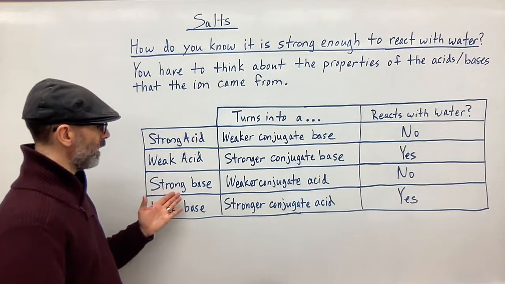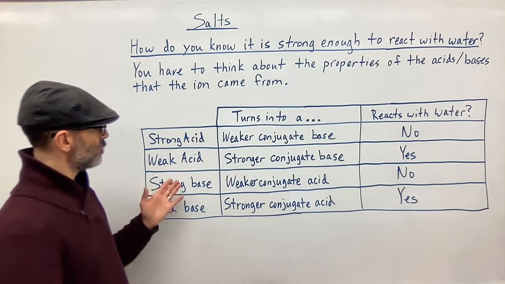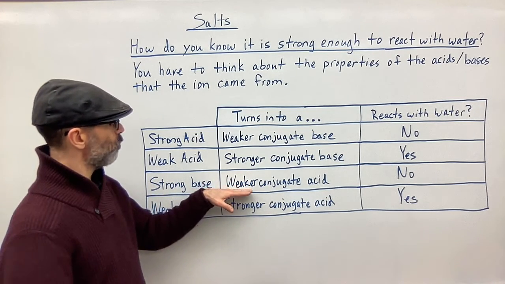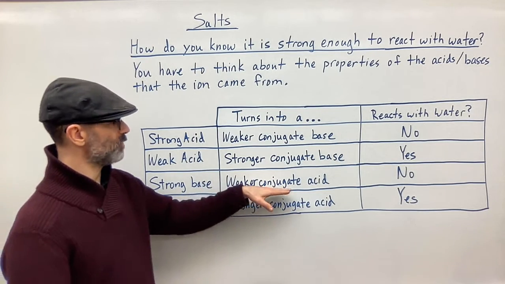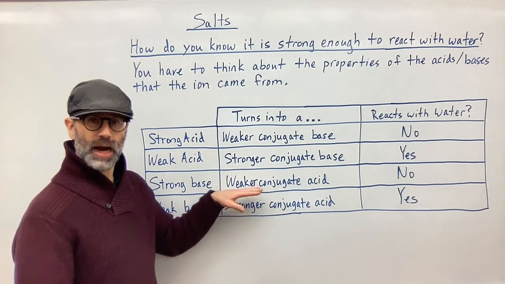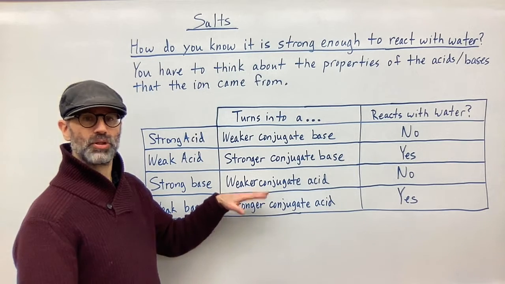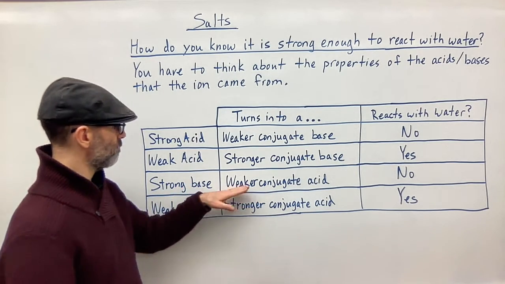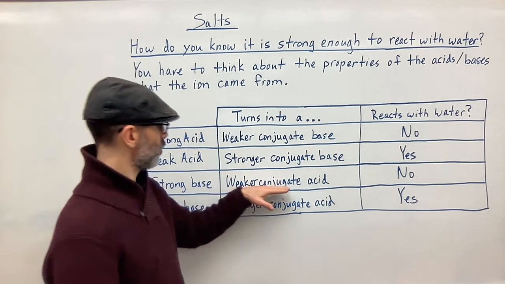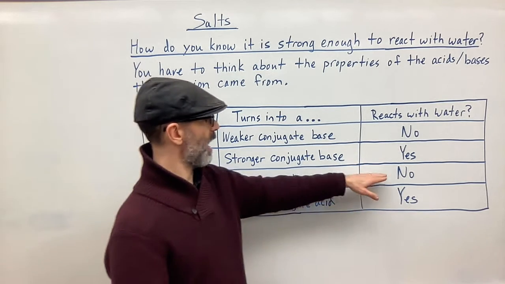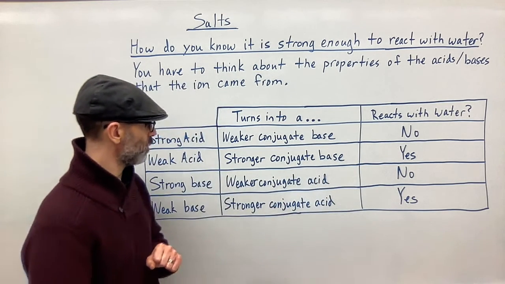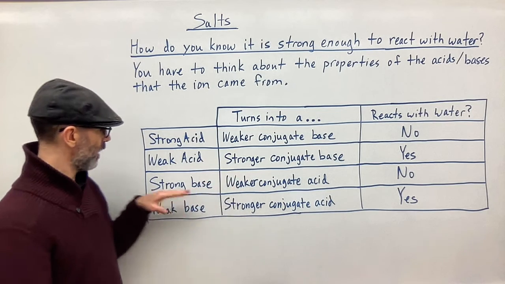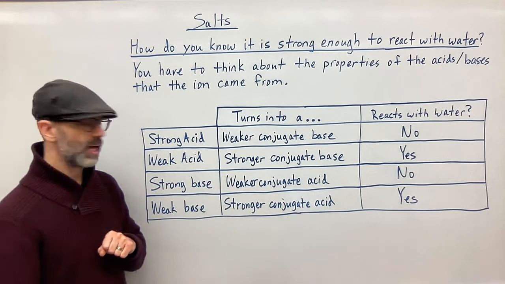If you have a strong base, then that strong base is going to result in a weaker conjugate acid. That's your counter ion, the ion that is produced by the strong base. That weaker conjugate acid is not going to react with water because it's weaker than the strong base from which it came.